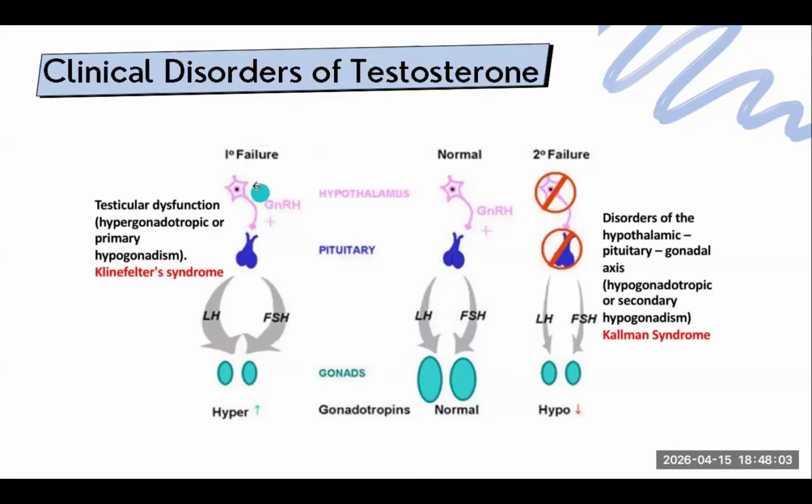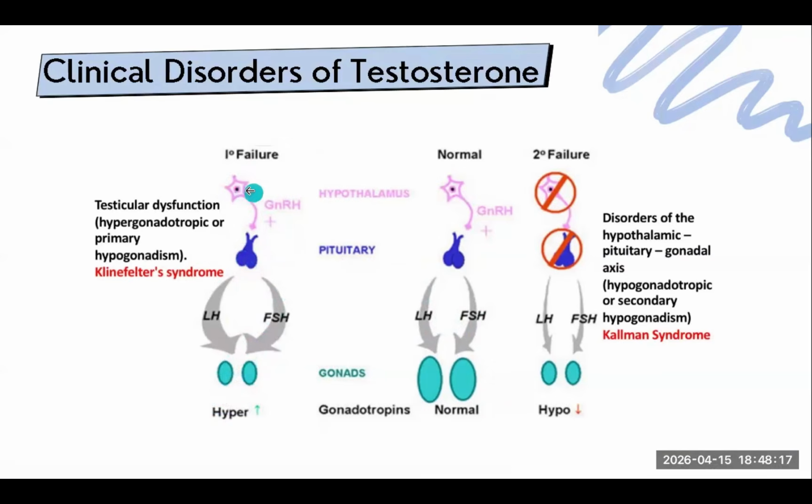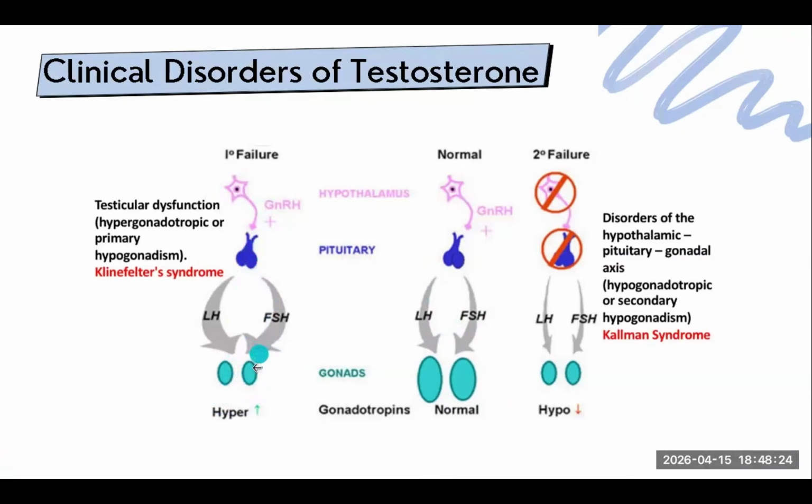In primary hypogonadism, you would have a failure of the testes. Primary is failure of the testes. Secondary is failure of either the pituitary or the hypothalamus. Anyways, in primary hypogonadism, the beginning would be normal GnRH production and then normal LH and FSH.